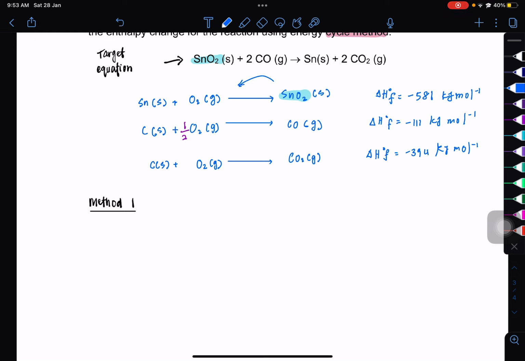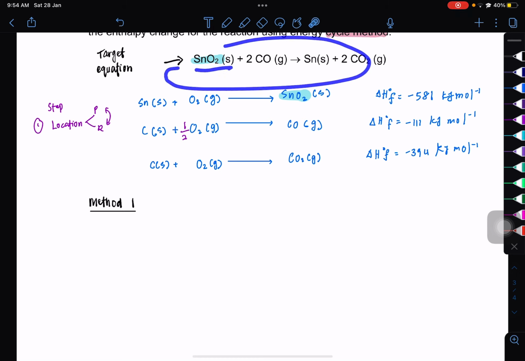Step 1 is location: either product or reactant. If it is in the reactant in the target equation but in the product in yours, you swap. That is the first step.